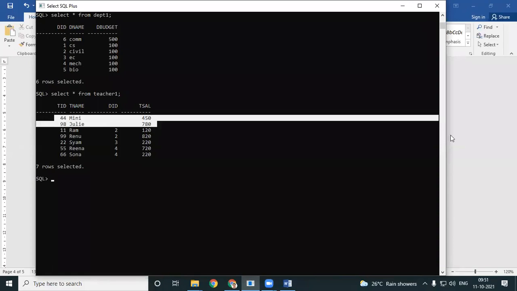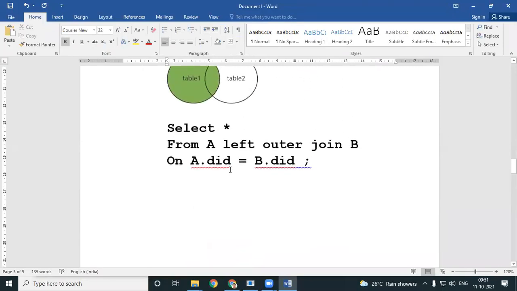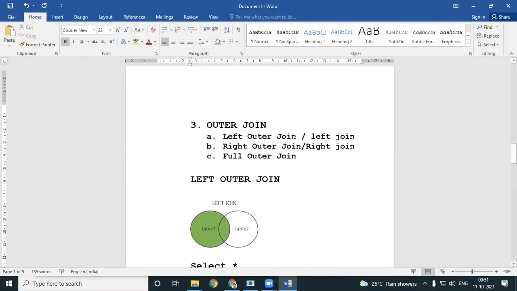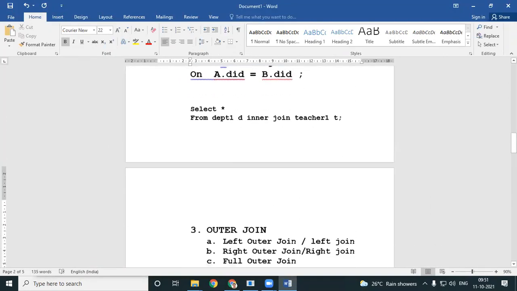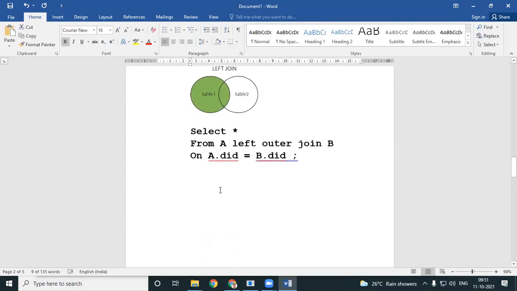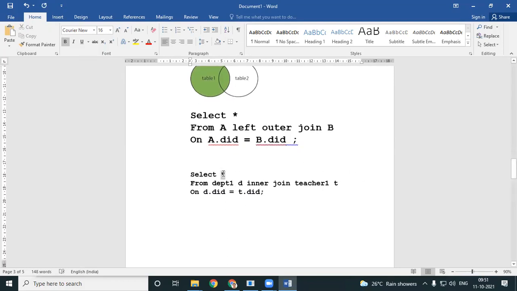And now let us write the query. We'll do the first one, left outer join. I'll just copy what I had before. We deleted the on over there, so select star from, on D dot did is equal to T dot tid. We'll not give a select star, it gets too confusing.